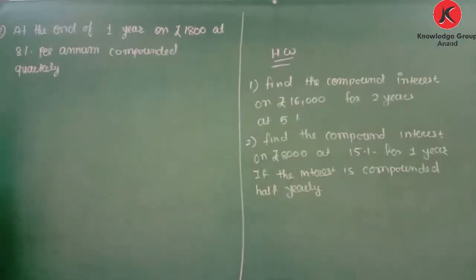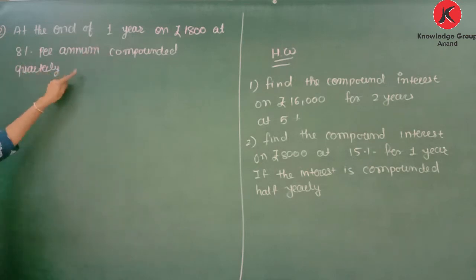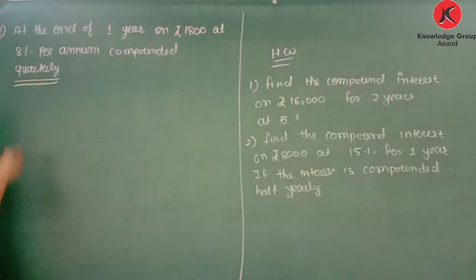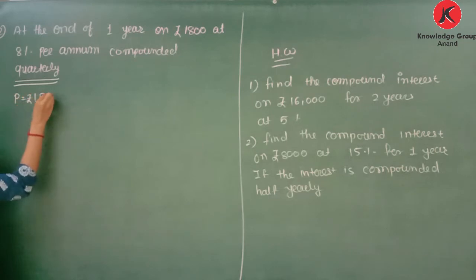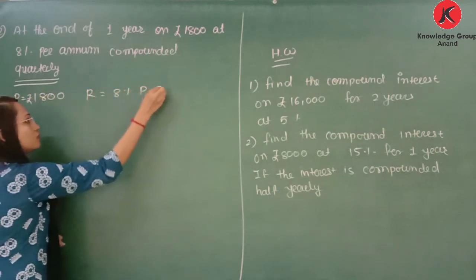Now let's take the second example to find the amount. We can try this. So here at the end of 1 year on 1,800 at 8% per annum compounded quarterly. Compounded quarterly means your rate of interest will be divided by 4 and N will be multiplied by 4. So here principal value is 1,800. Rate of interest is 8% per annum.